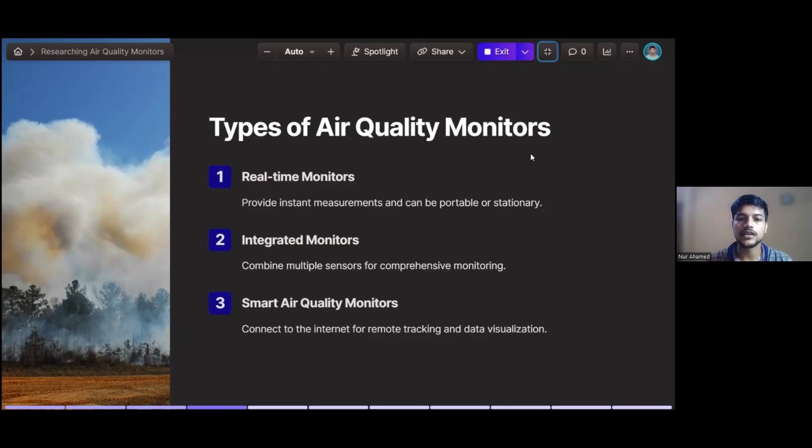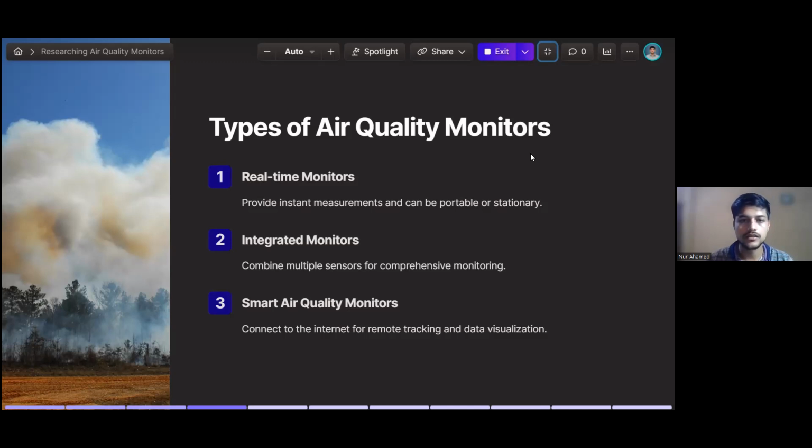We can measure it in a single air quality monitor. Smart air quality monitors connect to the internet for remote tracking and data visualization. We can also monitor the air quality remotely. Examples are like satellites, with which we can monitor the air quality remotely.